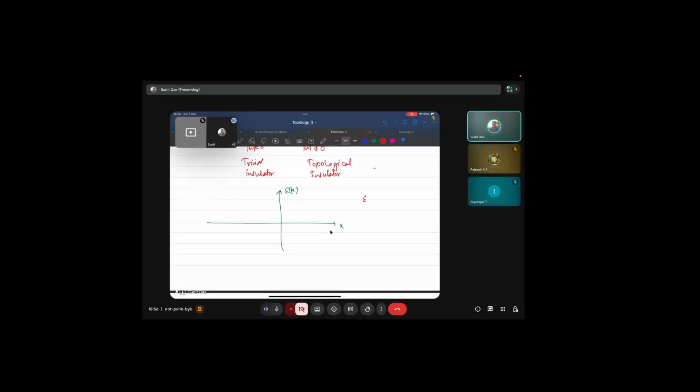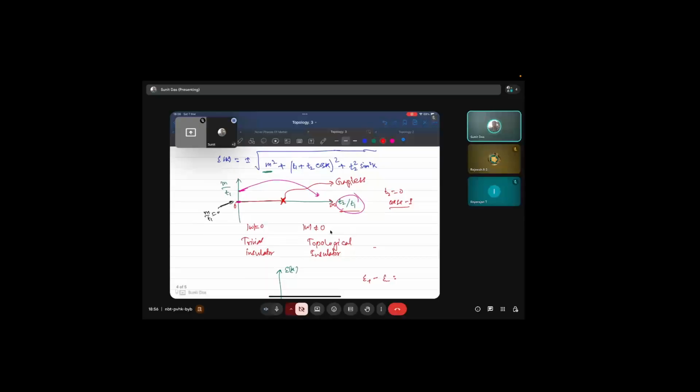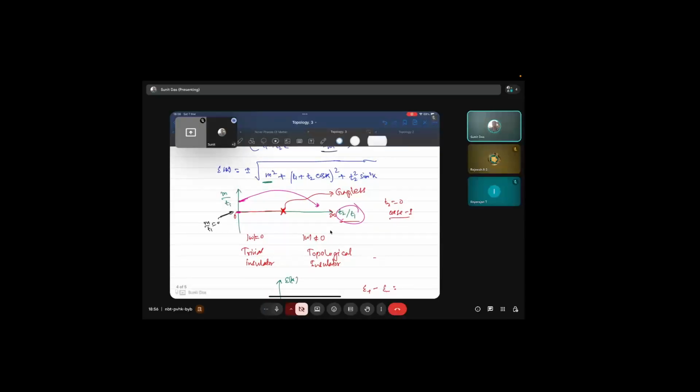If you calculate the energy plus, minus, energy minus, what you see from this expression is that the system will always be gapped.